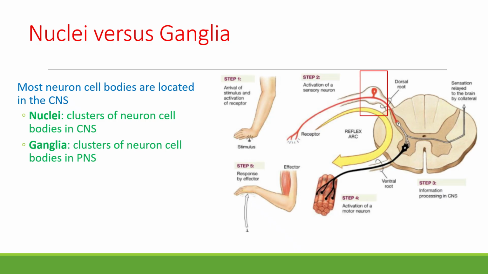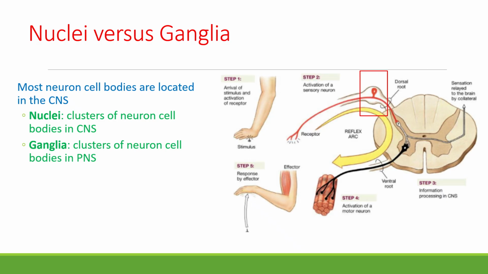Some other terms to know: the difference between nuclei and ganglia. Nuclei is kind of confusing because we were talking about the nucleus of a cell. But in the nervous system, groups of cell bodies of neurons clumped together can be called either a nuclei or a ganglion.